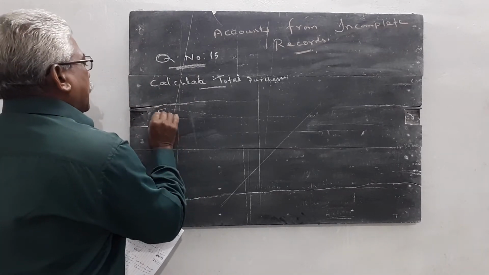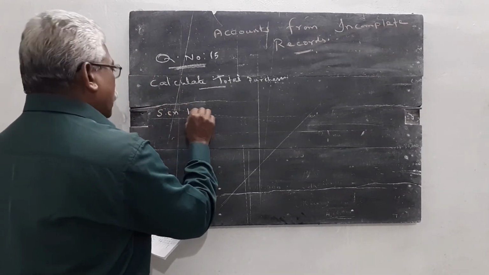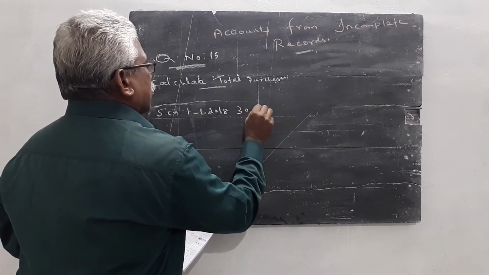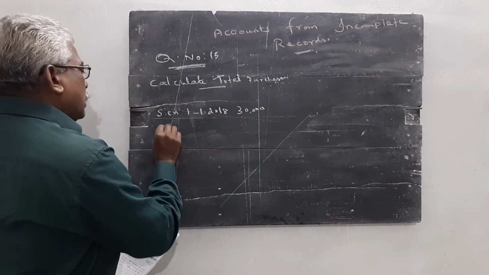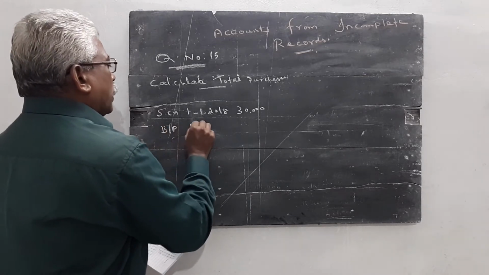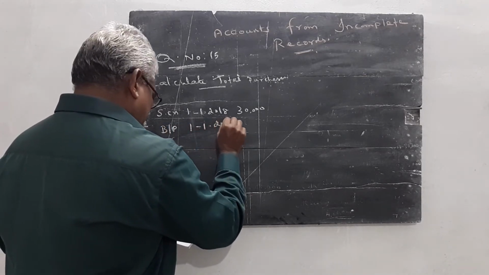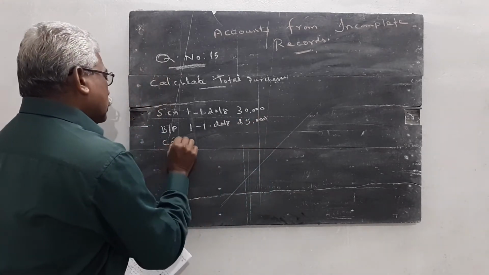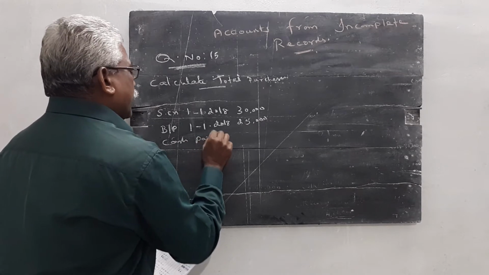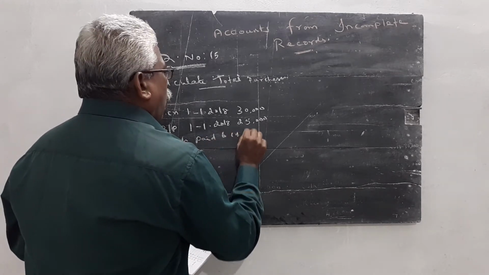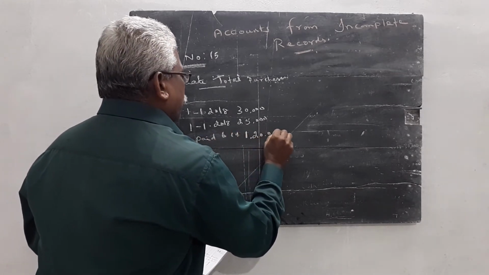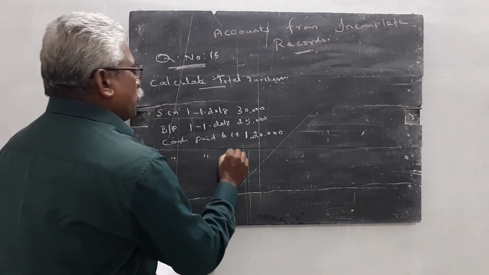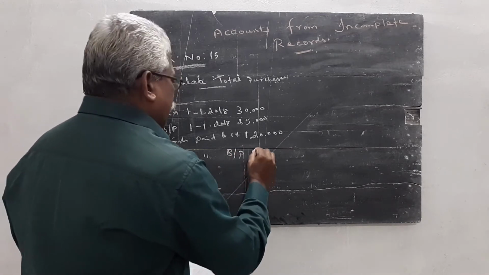Then the question: sundry creditors as on 1/1/2018 rupees 30,000. Then bills payable on 1/1/2018 25,000. Cash paid to creditors 1,20,000. Then cash paid to bills payable 30,000.